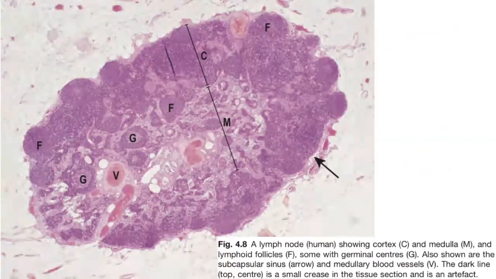Okay, so this is a lymph node of human showing cortex and medulla. The whole of this is cortex, C, C, C. This is medulla. V is vessels. You see, these are the vessels, blood vessels.